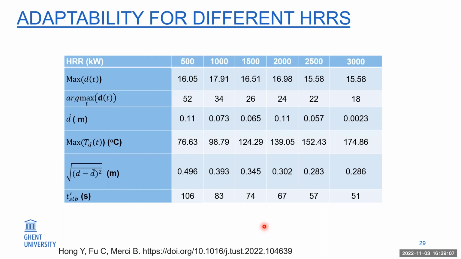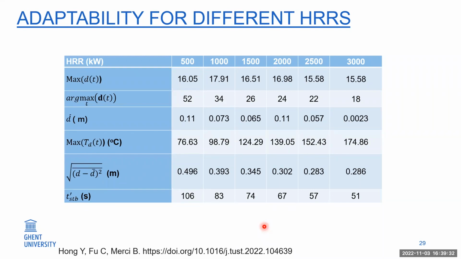It means before the smoke is controlled at the point we want to control, the smoke can spread upstream in a short distance. But as we know, for the higher heat release rate, the spread speed will also be higher.